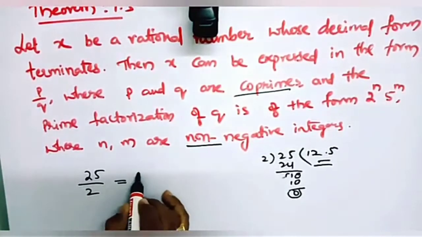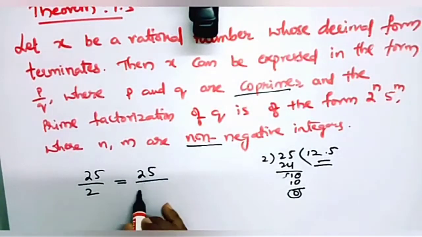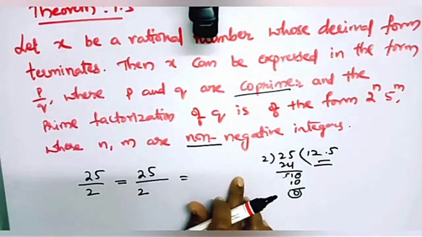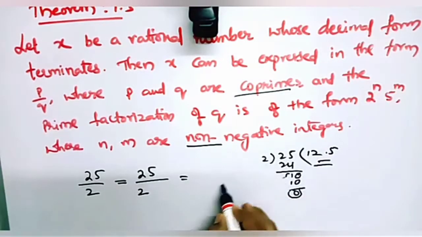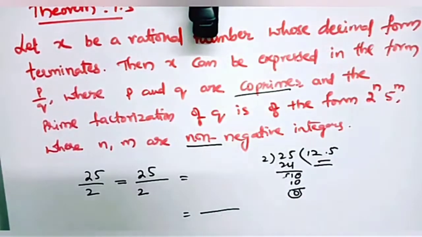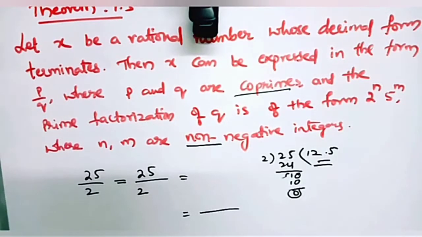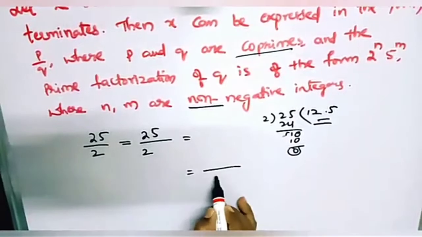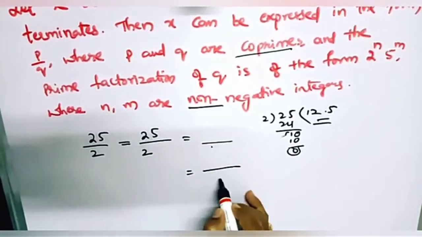Look here, 25 by 2. If I want to write this number in decimal form, decimal fractions always have denominators of 10, 100, 1000, like that. So first I will write the denominator 2 as 10.